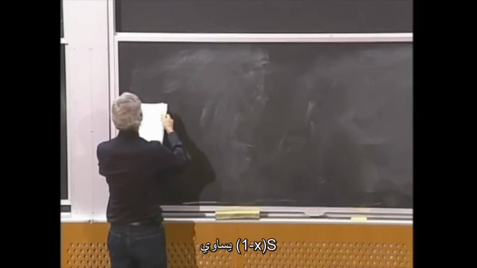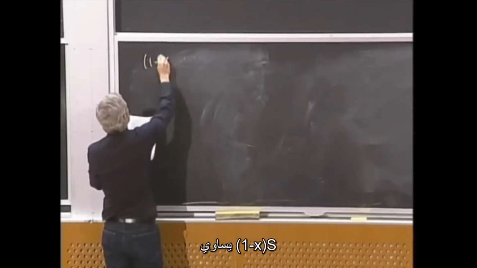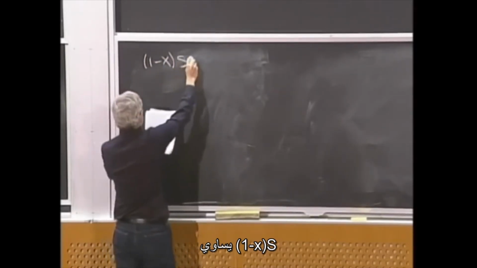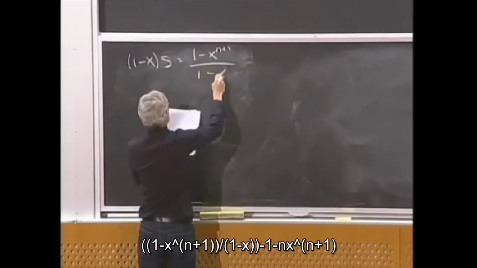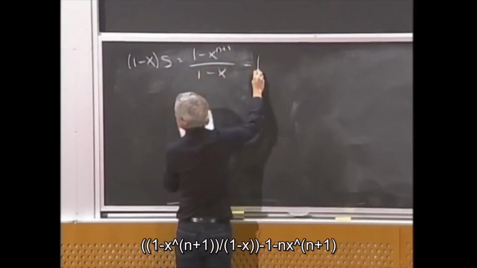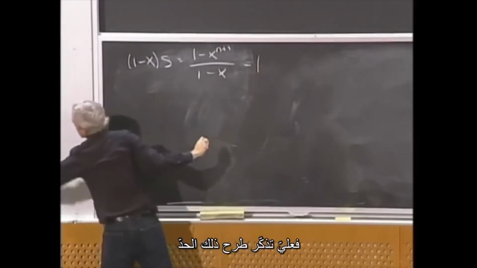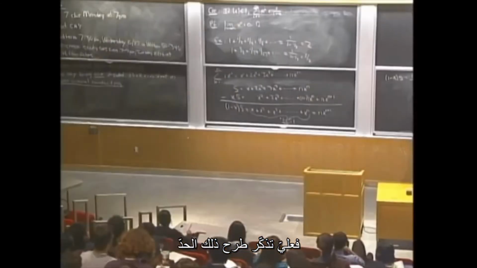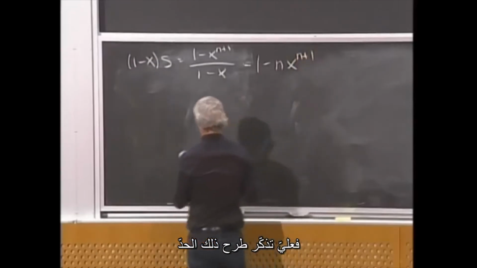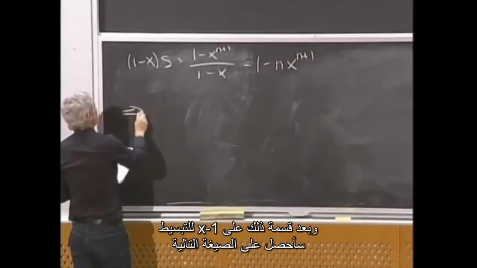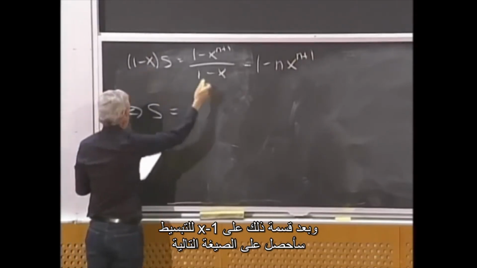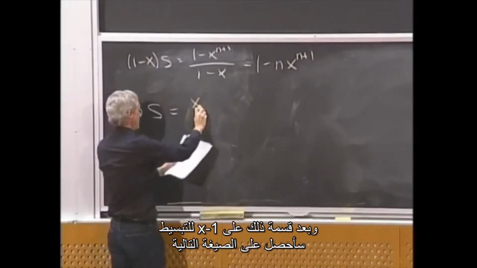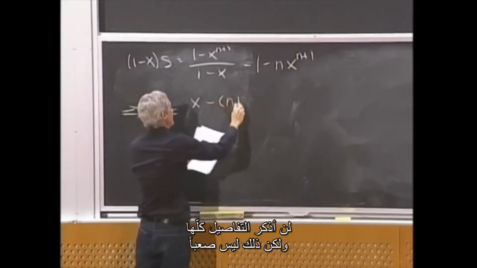So that says that 1 minus x times s equals 1 minus x to the n plus 1 over 1 minus x minus 1. And then I've got to remember to subtract that term too: minus n x to the n plus 1. That means now I just divide through by 1 minus x and simplify, and I get the following formula. I won't go through all the details, but it's not hard.